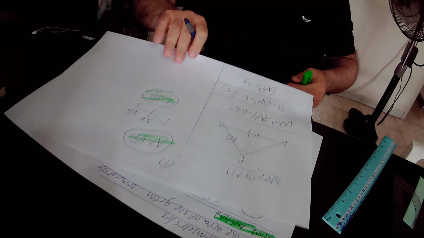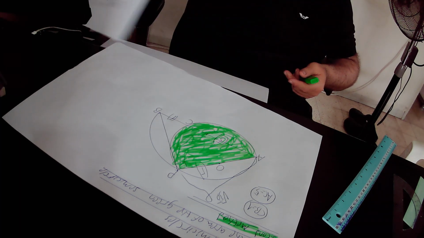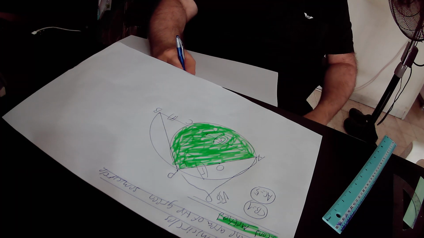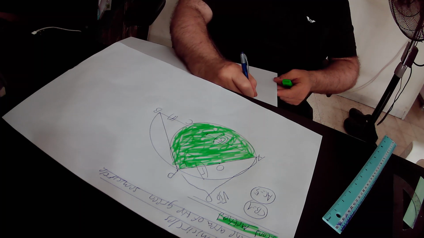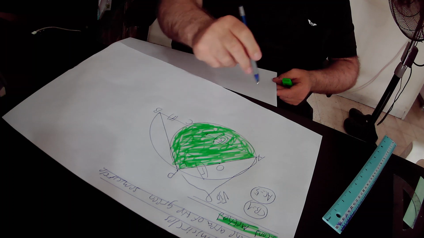And our mission is to find the area of this green semicircle. So the area of the green semicircle equals pi r squared over 2.